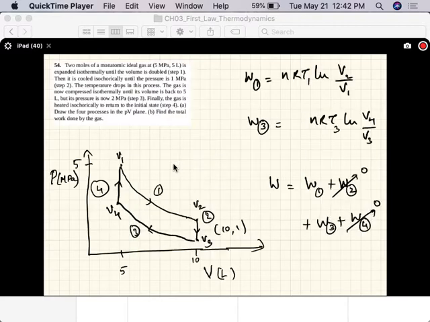To calculate T1, we know the volume and pressure at that state, and at this state. The coordinates of this point are 5 megapascals, and of this point are 10 liters and 1 megapascals.